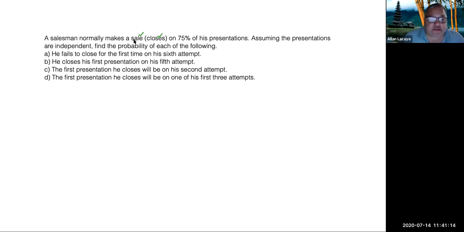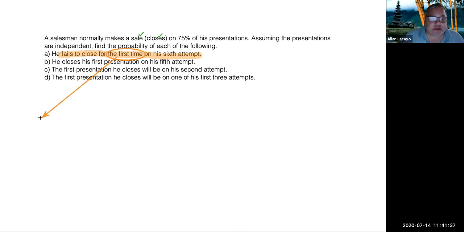So the first question here is, the failure to close for the first time on his 6th attempt. And notice how the language here, the first time, that implies that we're looking at a geometric count.